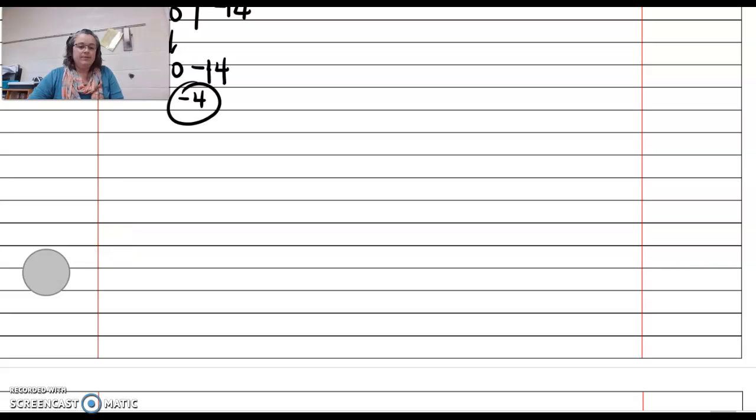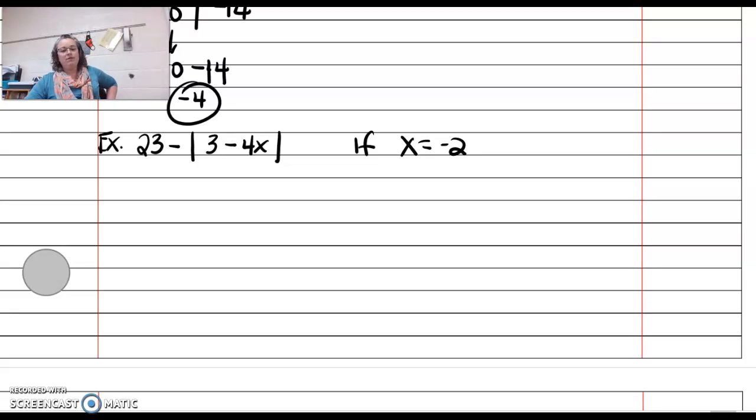All right, let's try another one. What if I did 23 minus the absolute value of 3 minus 4x? And then we're going to evaluate that when x is -2. Okay, so again, we're going to put -2 in for x and evaluate, working our way from the inside out. So you have 23 minus the absolute value of 3 minus 4 times a -2.